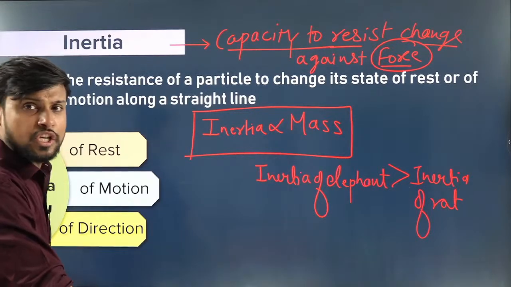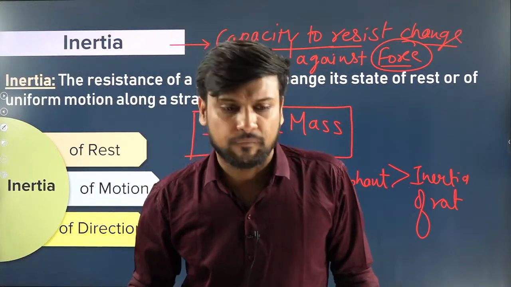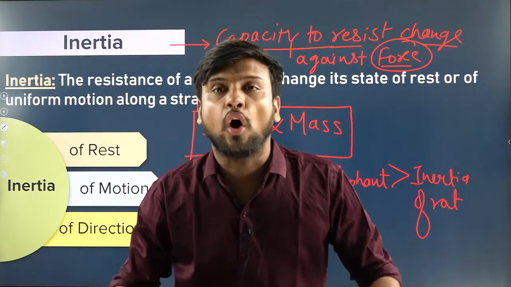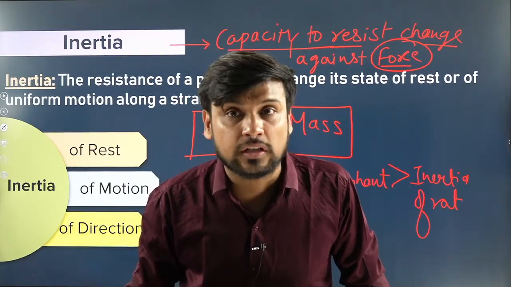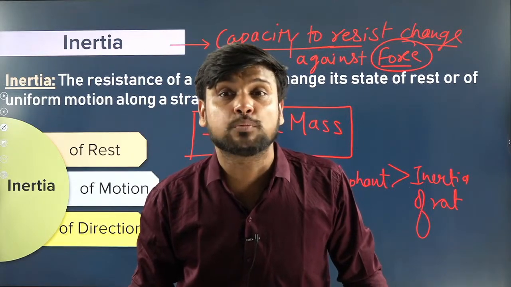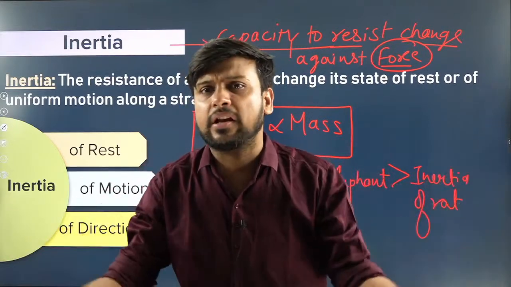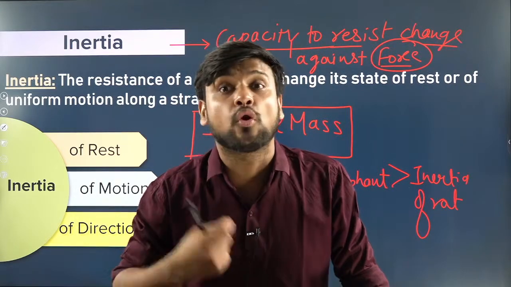One is inertia of rest. Yes, very simple. If there is one heavy object and one very small object, in which case will you have to apply more force, in which case will you face more difficulty to move the body? It's a heavy body, so we require more force.